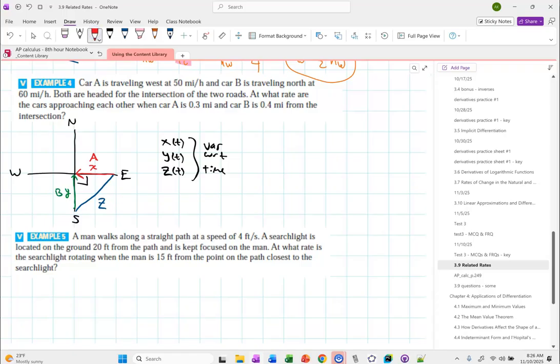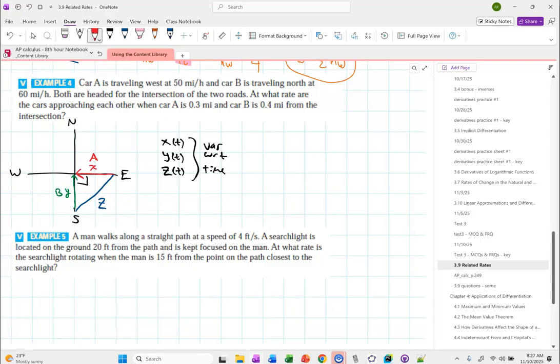So if we look now, we have two quantities that are given right away. Car A is traveling west at 50 miles per hour. What are we going to call that quantity? What kind of quantity is it? Speed, which is a type of velocity, which is more generally a type of rate.